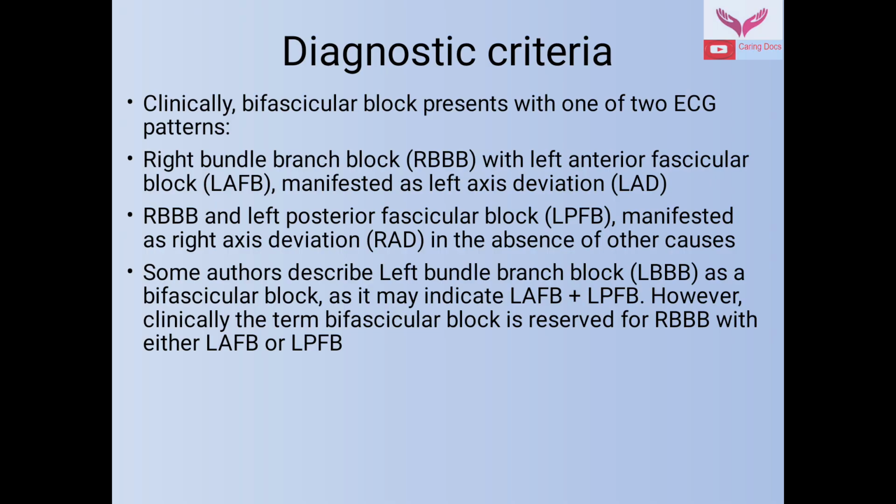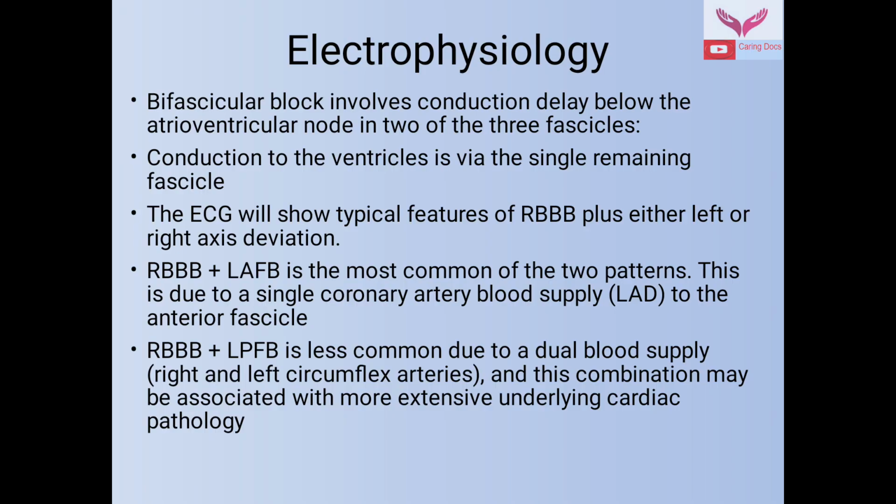Coming to electrophysiology of bifascicular block, it involves the conduction delay below the AV node in two of the three fascicles. The conduction to the ventricle is by the single remaining fascicle. The ECG will show typical features of right bundle branch block plus either left or right axis deviation.